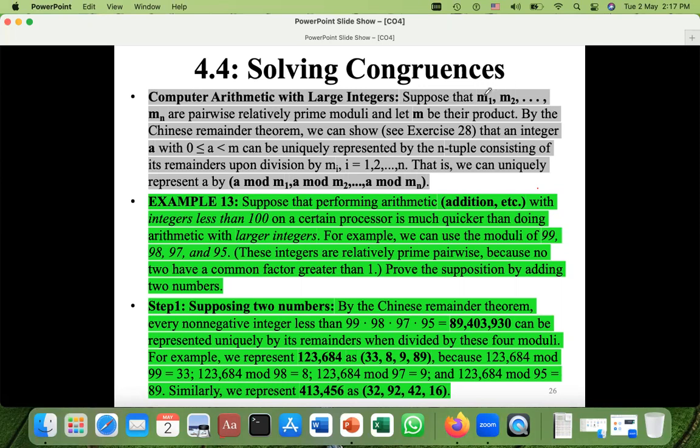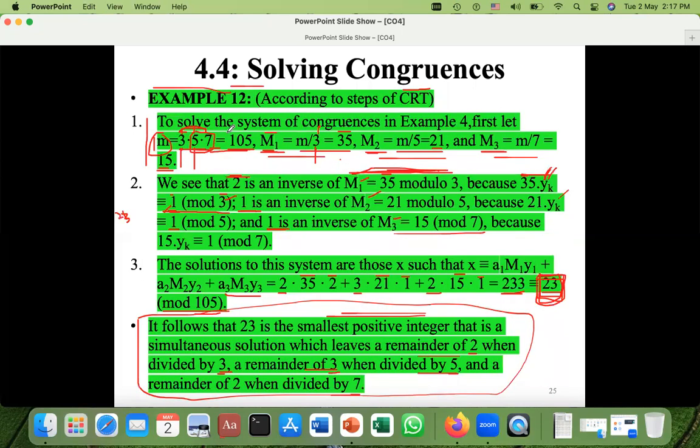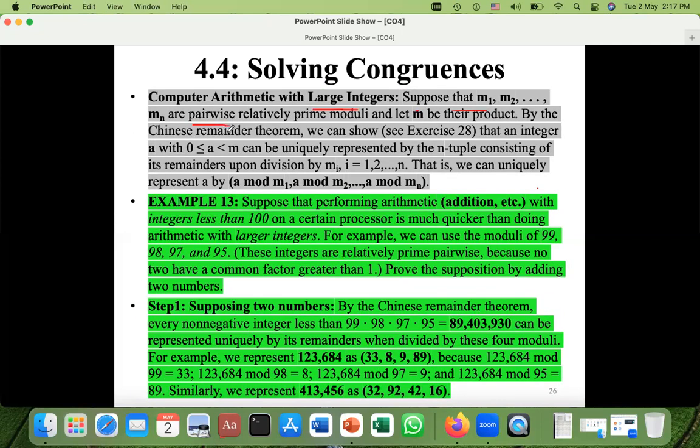Suppose you have m1, m2, and so on, mn, which are pairwise relatively prime moduli. Then you multiply them all, and you have M as their product. And then by the Chinese remainder theorem, we are just revising the previous concepts, but a little difference will come.